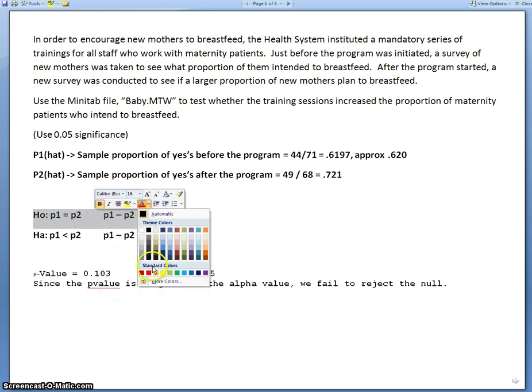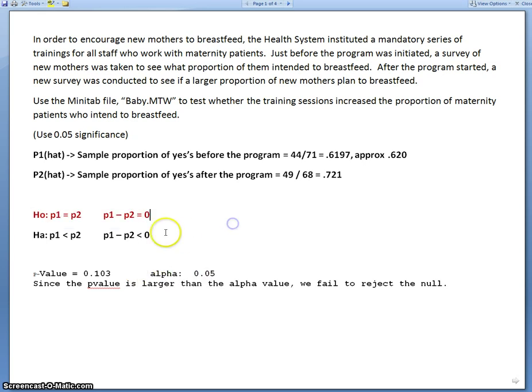I'm going to just highlight this and change the color here. That means that we can't reject the null hypothesis. There's no evidence to reject the null hypothesis.